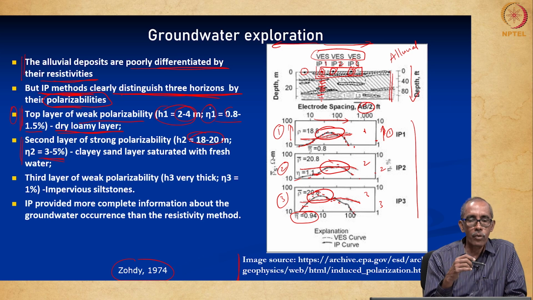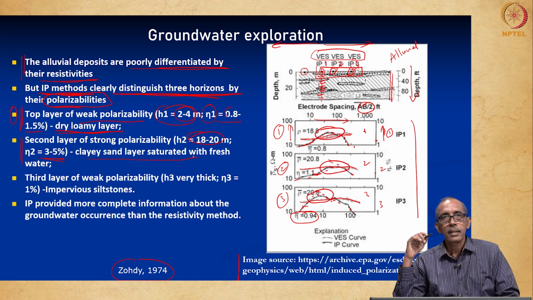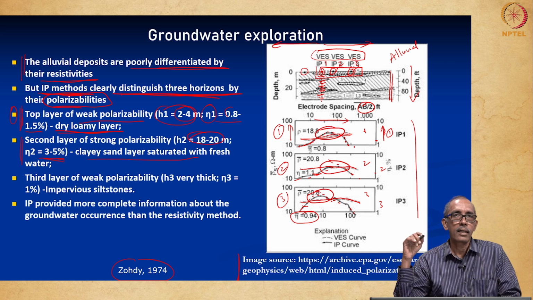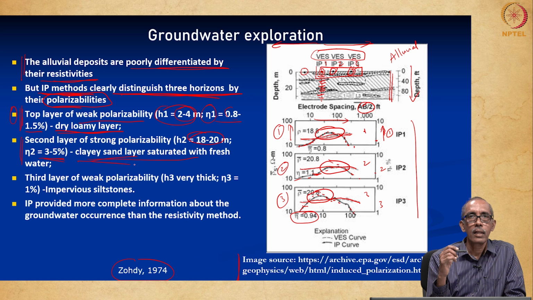Previously, it was only up to 1.5, here it is about 5%. So, this has been delineated as a clayey sand layer, clayey sand with fresh water, that has led to high chargeability.